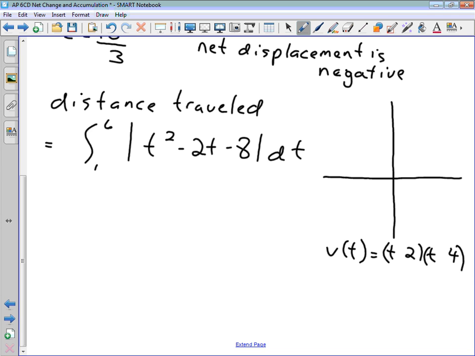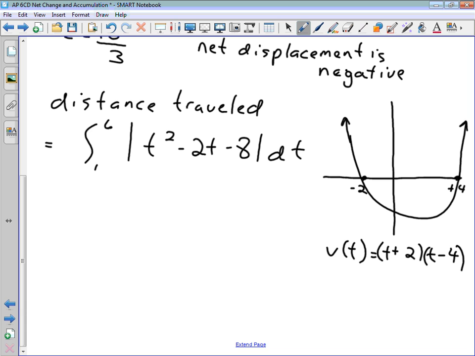The 2 has got to be positive and the 4 has got to be negative. So it's going to have 2 intercepts at negative 2 and positive 4. So this thing is going to kind of look like this.